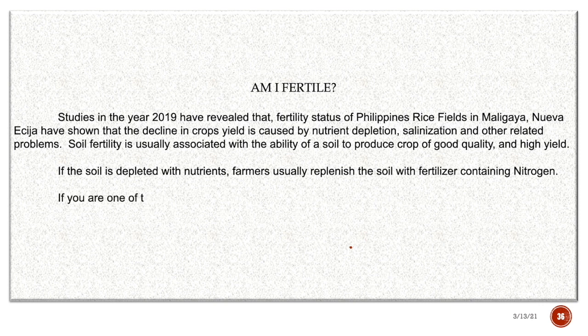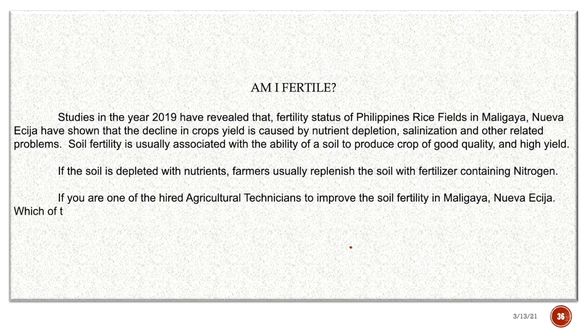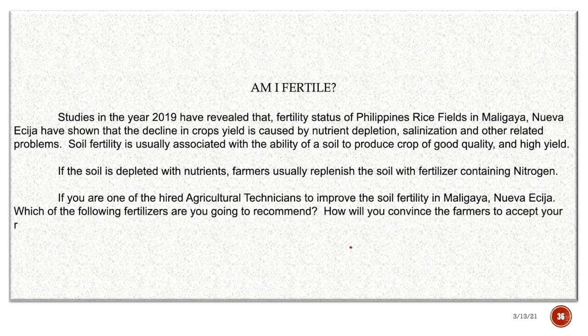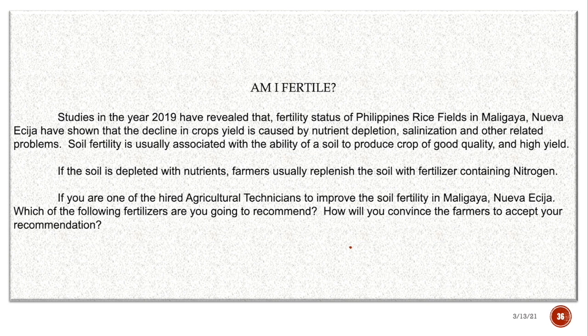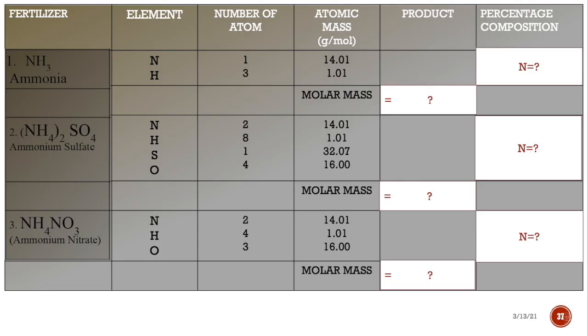If you are one of the hired agricultural technicians to improve the soil fertility in Maligaya, Nueva Ecija, which of the following fertilizers are you going to recommend? And how will you convince the farmers to accept your recommendation? Given is the table with the fertilizers: 1.